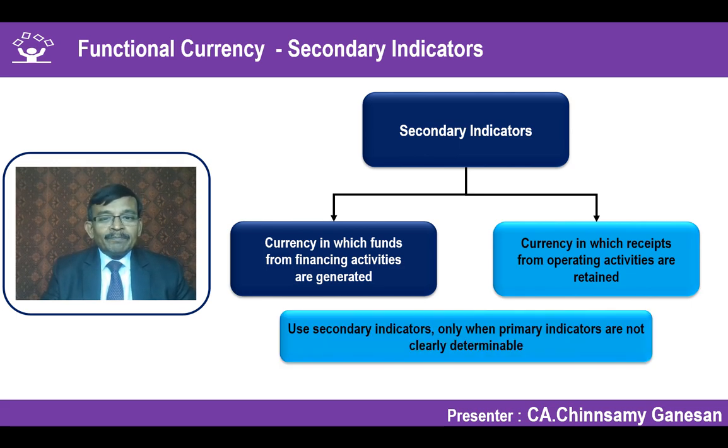Having said that, the secondary indicators have to be applied only if the primary indicators are not clearly determinable. When I apply the three primary indicators of functional currency and I get the answer, then I should not look into the secondary indicators.